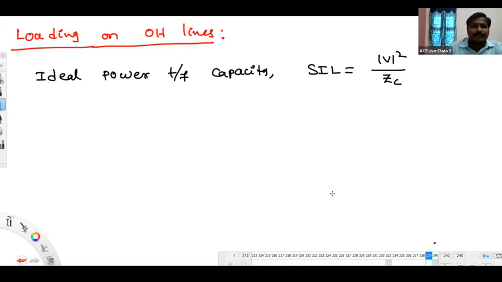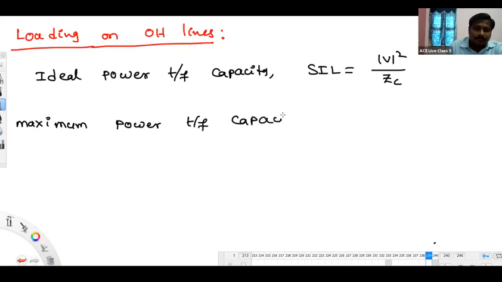Next thing, maximum power transfer capacity, Pmax. Please go with the equation here, the P maximum equation in terms of ABCD.